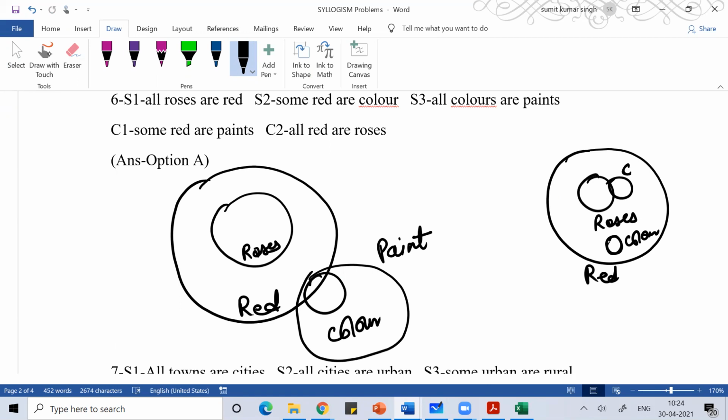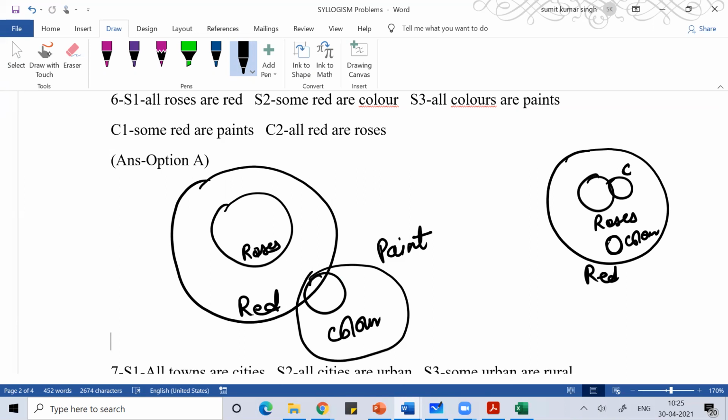Some red are paint. So they will always be an intersection, because some red are color or some color are red. So the diagram will be like that.